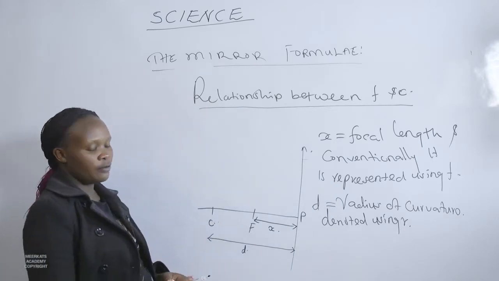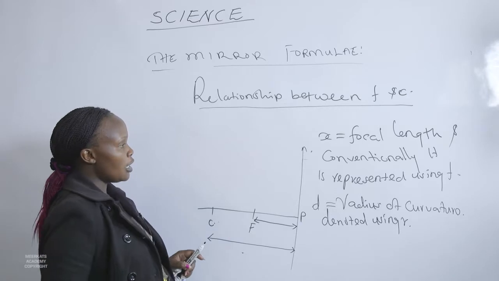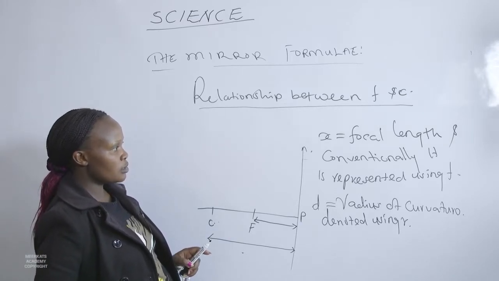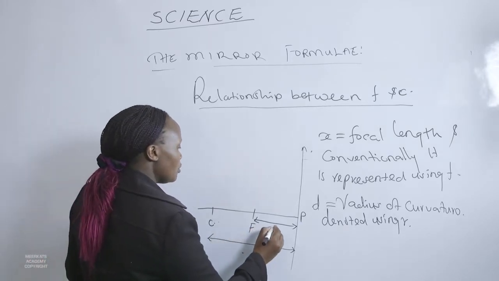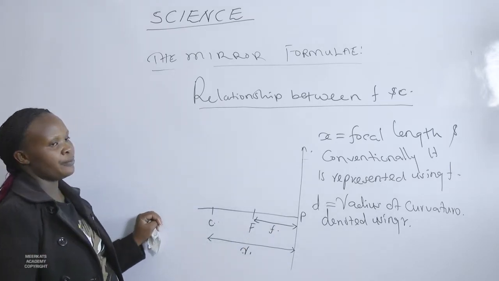Therefore, we can now delete our letters and put the conventional ones, where now we will put F there and R there.